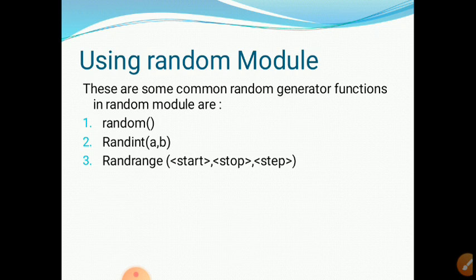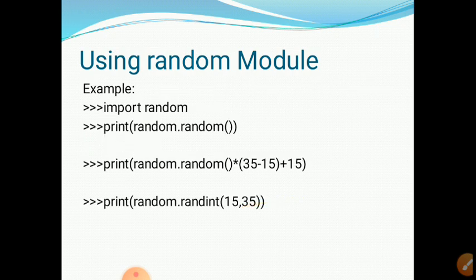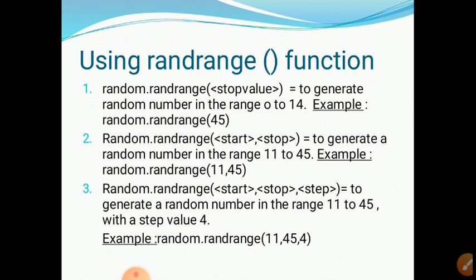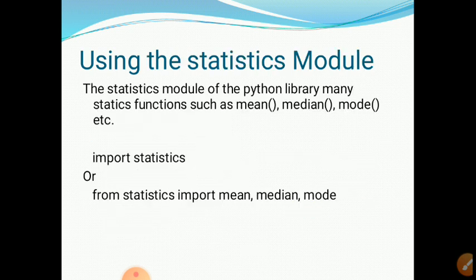Randint is used to generate an integer number, and randrange is used to generate numbers with start, stop and step values. That is how we use those functions. And randrange declares the range, and in between this range the random library generates the random number.